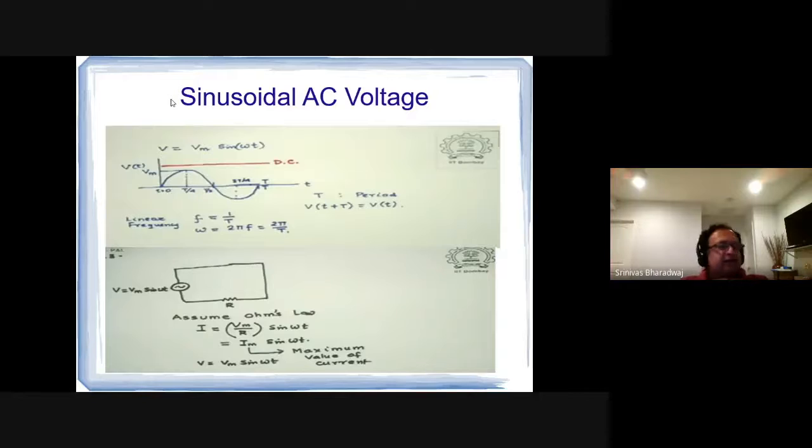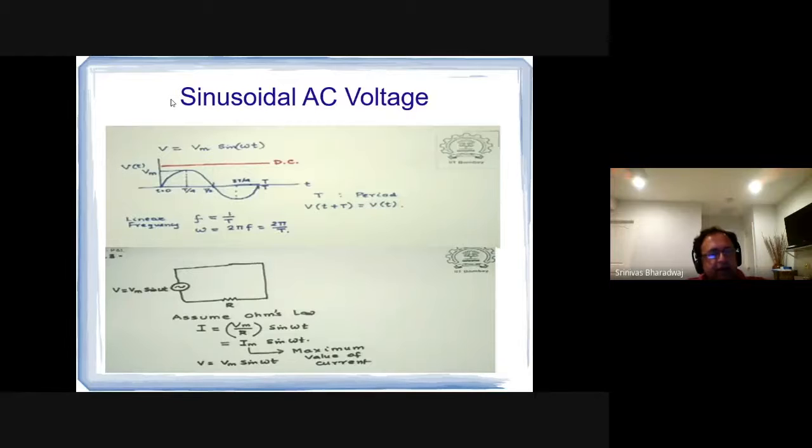Now the rate at which you rotate is typically set for any geography. Here in America, the rate at which we rotate the circuit inside the magnets in the AC generator is called the frequency, and it is 50 hertz in America. So 50 times a second.